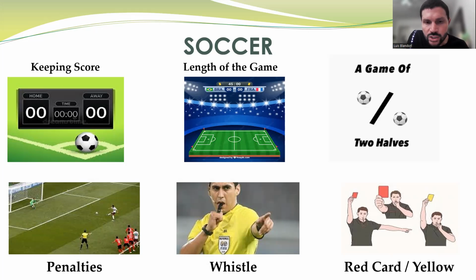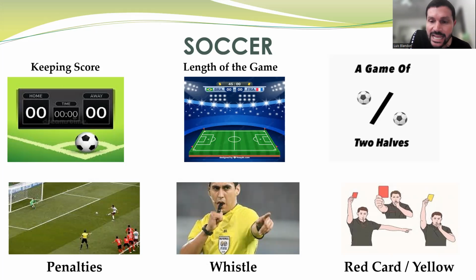Okay, and we need to learn now how to use the whistle. We talked about other equipment. We talked about some of the position players. Now we're going to talk about the referee and the whistle. The whistle is used during penalties. If you make a mistake, you're going to get either a red card or a yellow card.